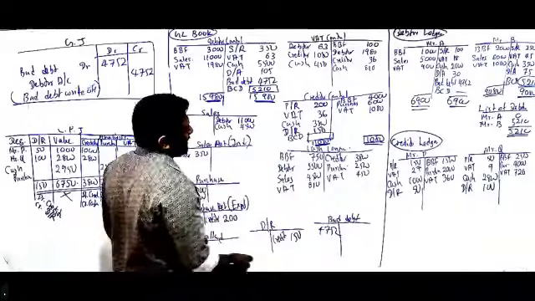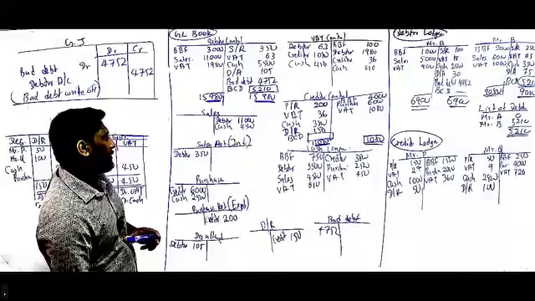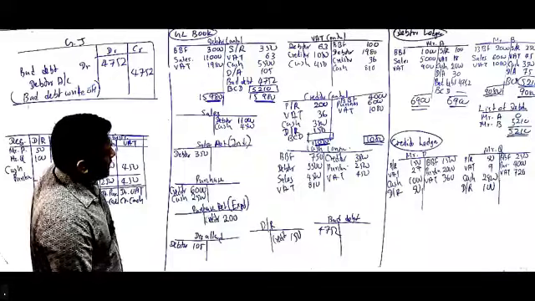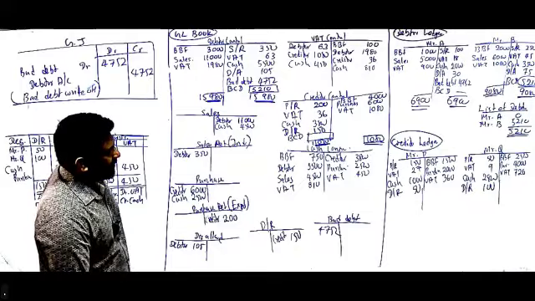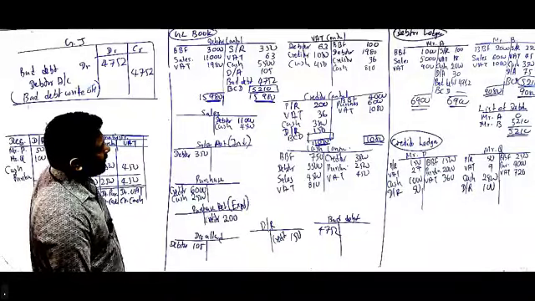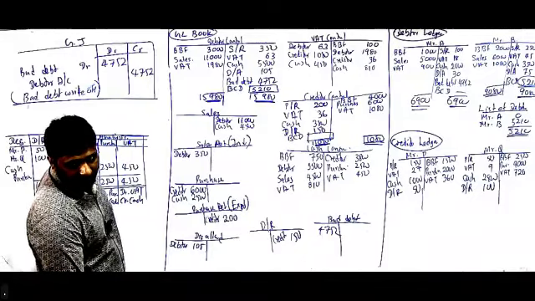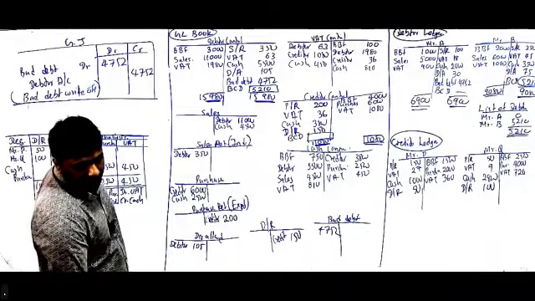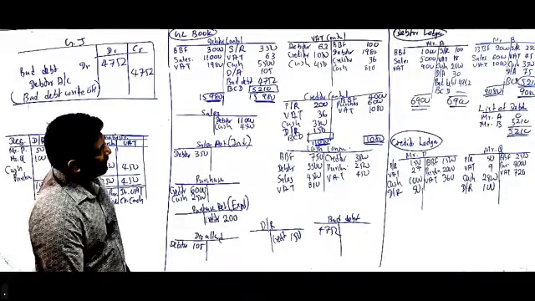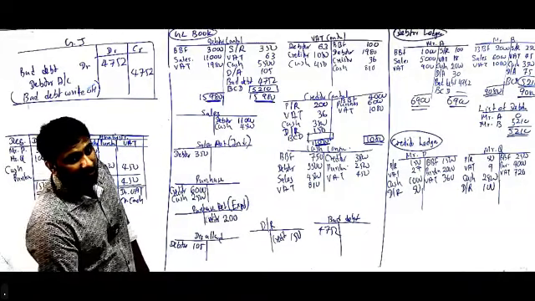Creditor control account BCD is how much? 1080 minus 4,186. 6894.